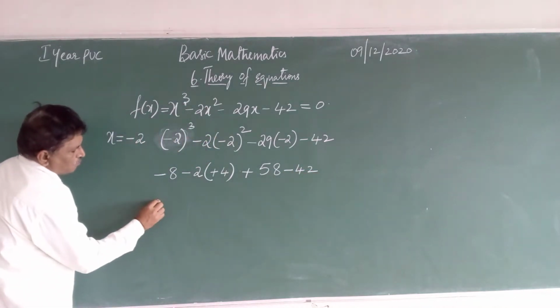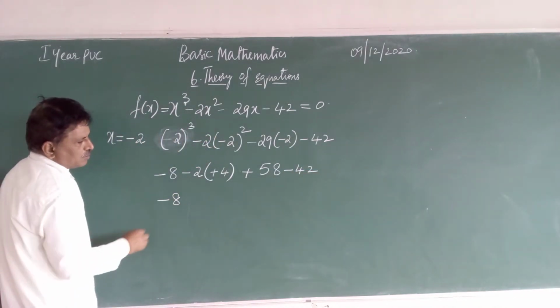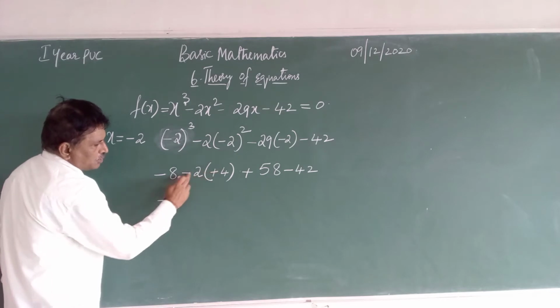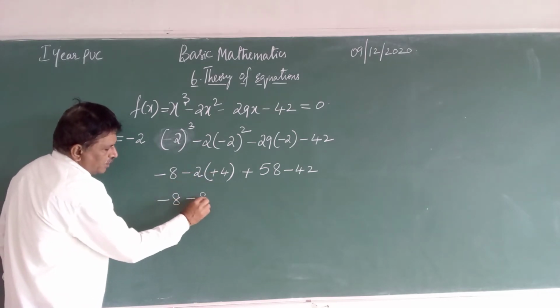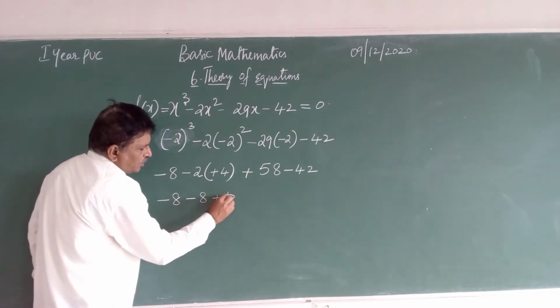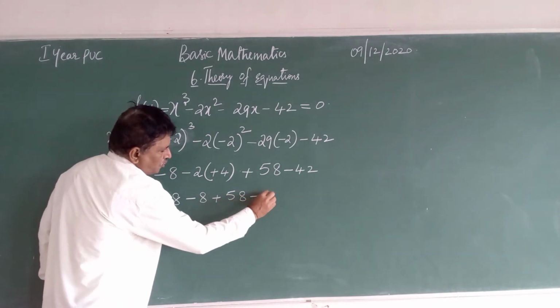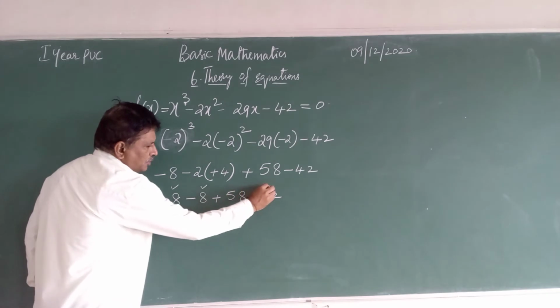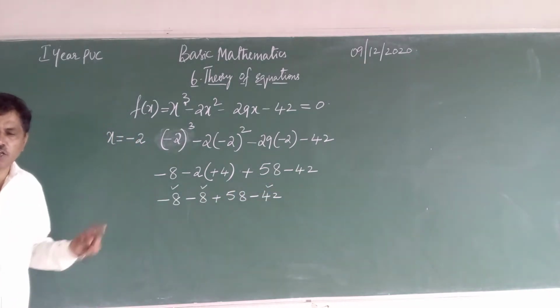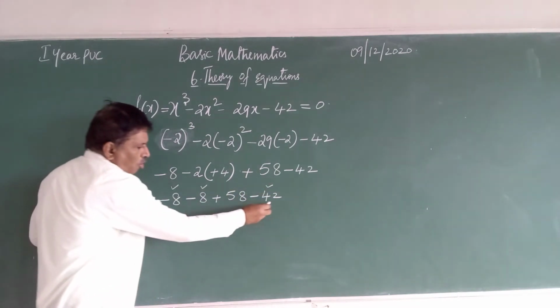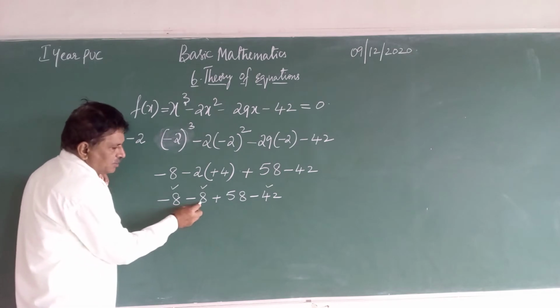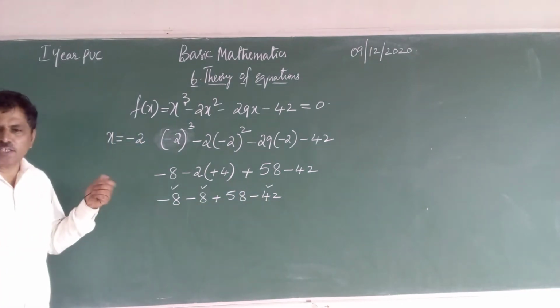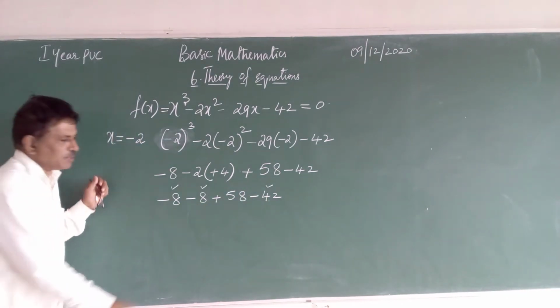Now this is minus 8, minus 8 plus 58 minus 42. So the negative terms are minus 8, minus 8, and minus 42. You add the negative terms and write the greater number's sign.